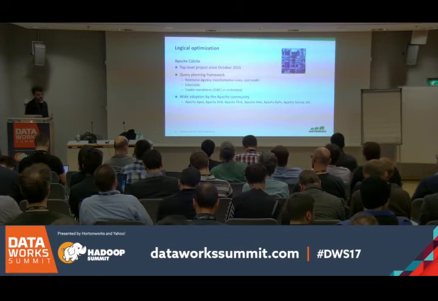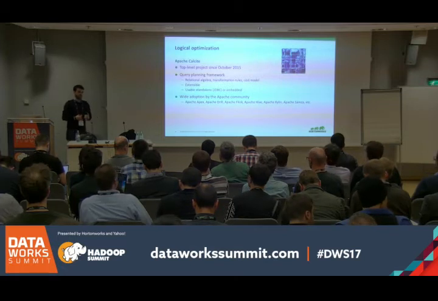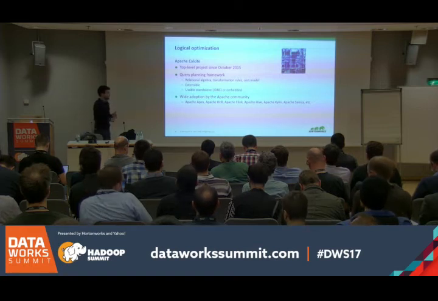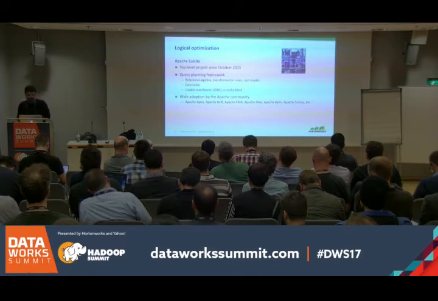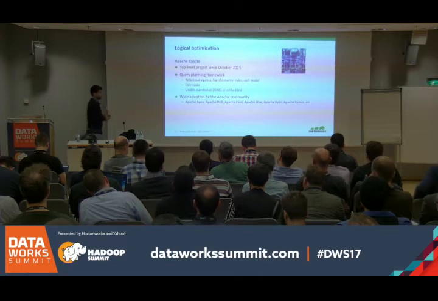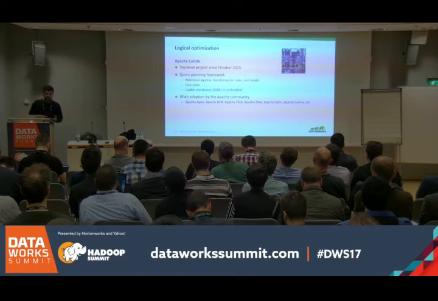And all these elements are extensible, so you can use ones that come with Calcite, or you can plug in your own. It's usable standalone with JDBC or embedded. That is how most of the systems use it. And it has had wide adoption by the Apache community. The last count is more than 10 projects that already use Calcite: Apex, Drill, Flink, Hive, Kylin, Samza, etc.